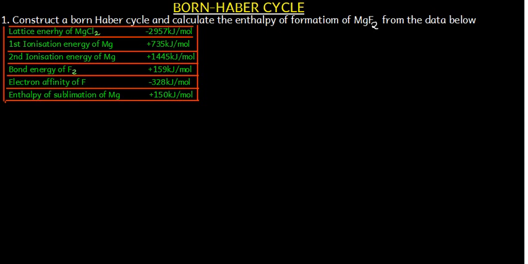Now if we have magnesium, which is a solid, it reacts with fluorine gas. This is going to form, let's put it here, magnesium fluoride, which is a solid.